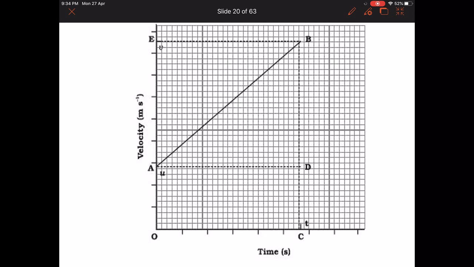Let's first discuss the first equation of motion, and for that the same graph is what we are going to consider, and I'm drawing the same graph over here. So this is your velocity and this is your time on the x-axis, and this is how the graph looked.